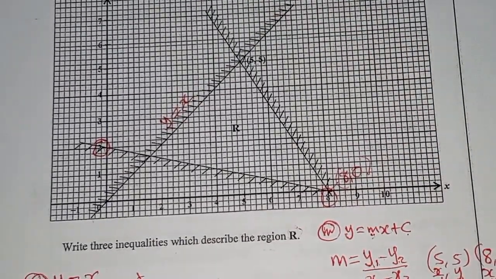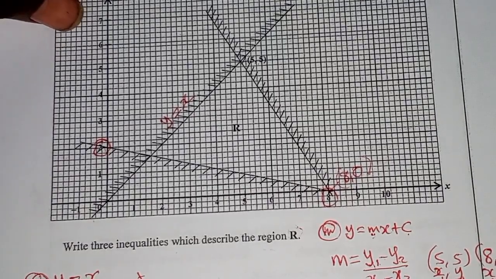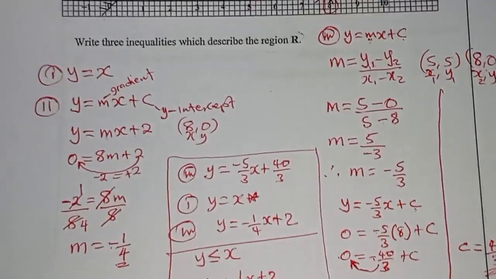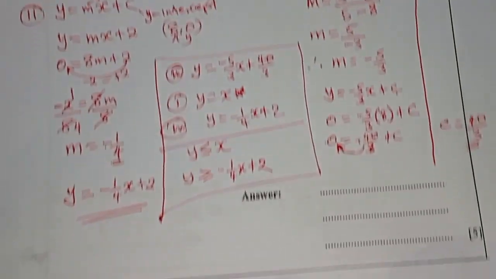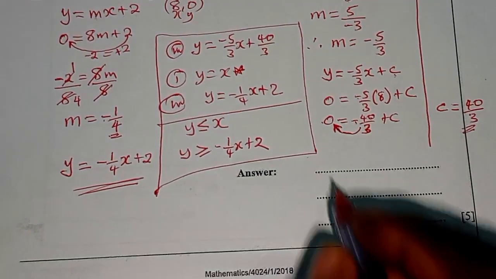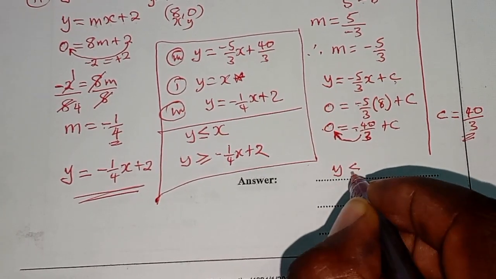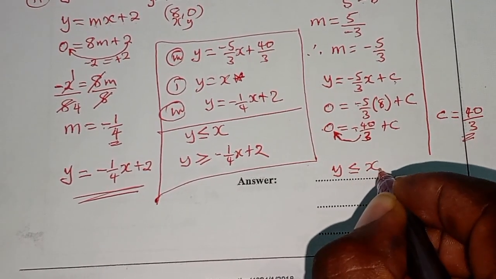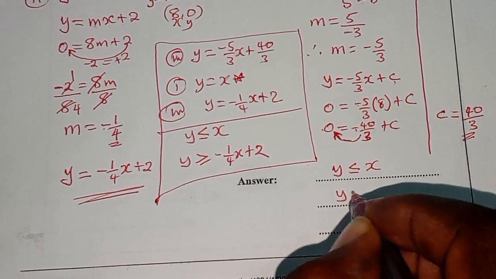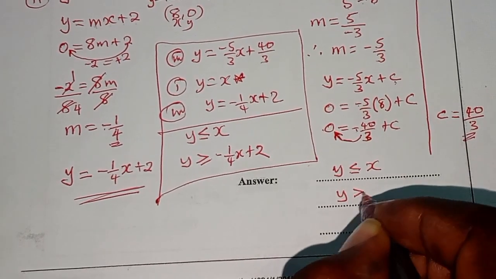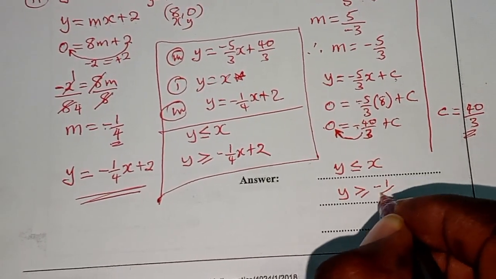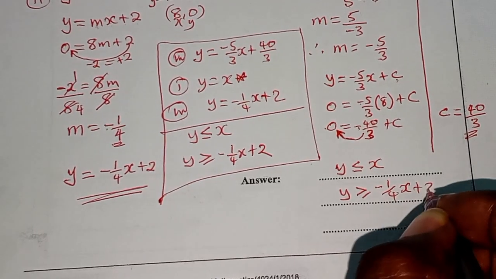So my final answers are y is less or equal to x. y is greater or equal to negative 1 over 4x plus 2.